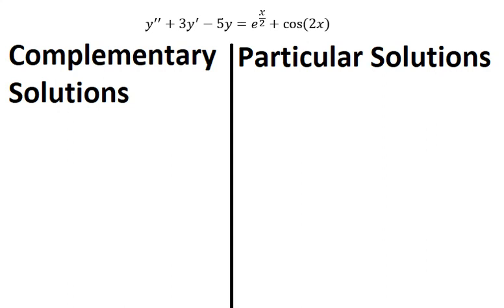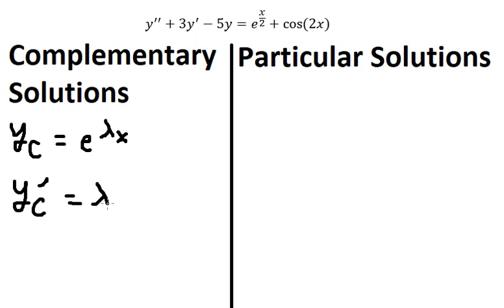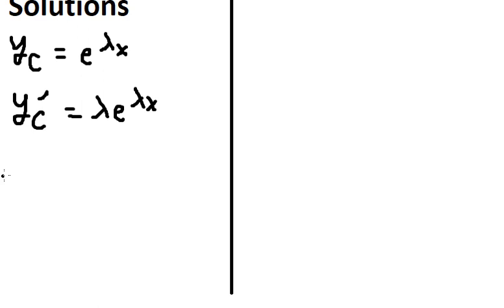So I will put yc, that is e to the power of lambda s. Later we need to do the first derivative of yc, and we have lambda e to the power of lambda s.